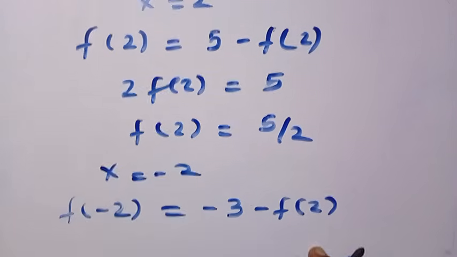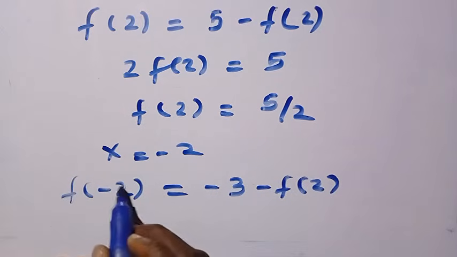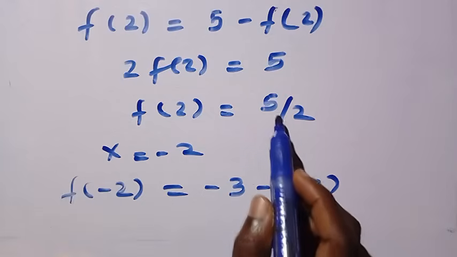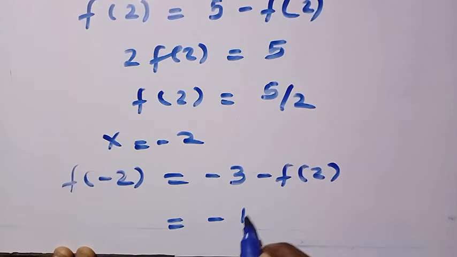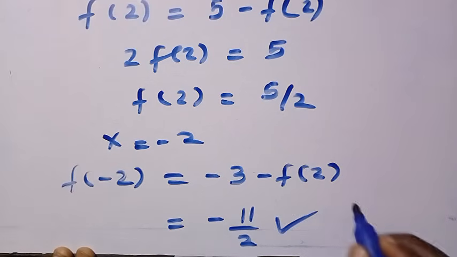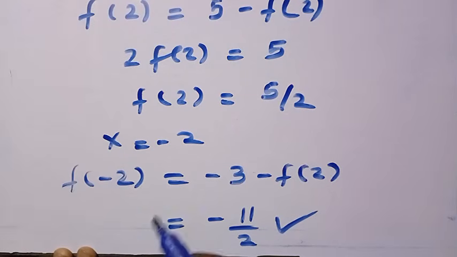Since we have f of 2 already, which is 5 over 2, introducing it here, we get the answer as minus 11 over 2, which is the same as the first one we got. This method and the first method look similar, but it is another way of solving this. So let's see the last method.